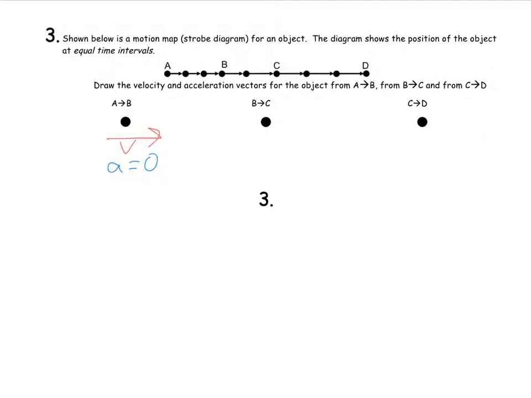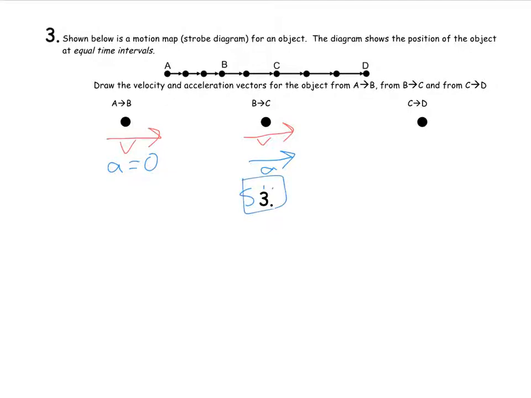For B to C, our velocity is still going to the right, we're still traveling that way. And thinking about our acceleration, well, it looks like we are actually speeding up some here. This gap is bigger than this one, and this one is even bigger. So that means that our velocity is to the right, and our acceleration must also be to the right, since our object is speeding up.